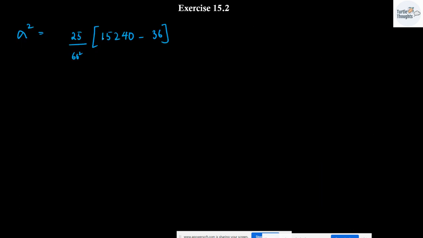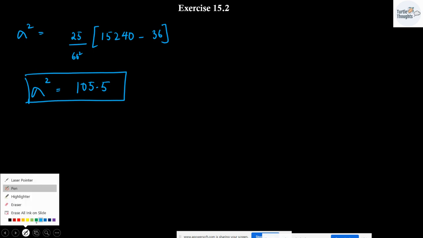Anyway, you can solve. Upon solving, you should be getting the value of variance somewhere equal to 105.5. This is going to be the value of variance.